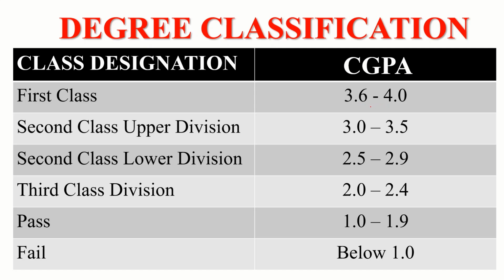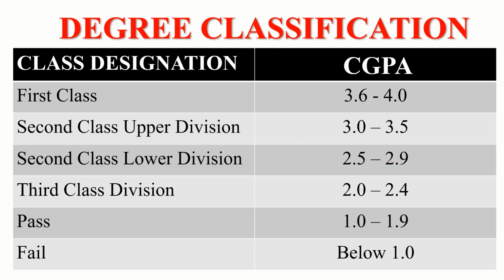Now for second class upper division, it ranges from 3.0 to 3.5. So before you can be classified as a second class upper division student, your CGPA should fall within 3.0 to 3.5, and with that you can be called a second class upper division student. And also you have the second class lower division student, and that one ranges from 2.5 to 2.9.